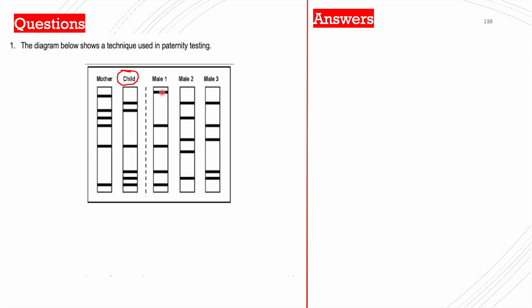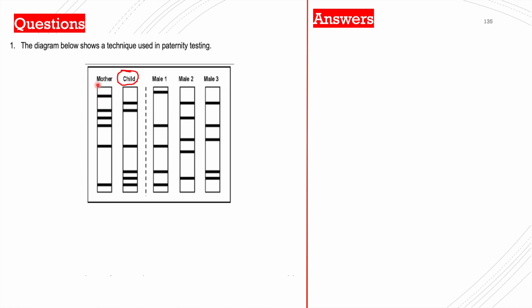From these 3 DNA profiles, our job is to analyze them against the DNA profile of the child to determine which one of the 3 males is the biological father. Okay, guys? So where do we start?